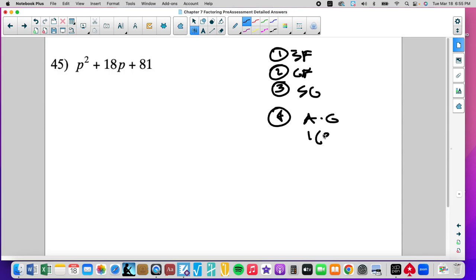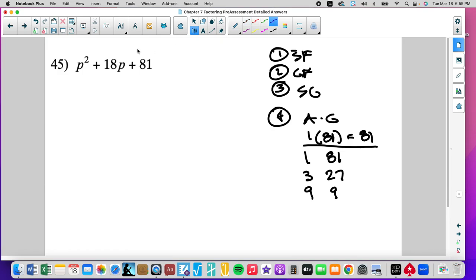A is 1, c is 81. Factors of 81 are 1 and 81. 2 no, 3 and 27. 4 no, 5 no, 6 no, 7 no, 8 no, 9. Yeah, 9 and 9.